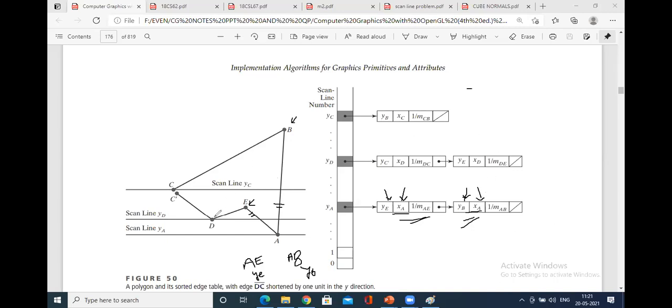Similarly, if you come across point D, imagine we have two edges, C dash D and DE. So now tell me, what is the y-intercept at C bar? It is YC bar that has been updated. And what is the value at this point?